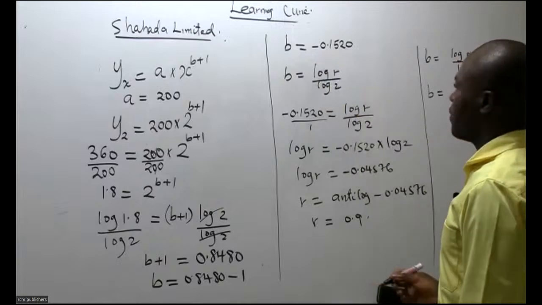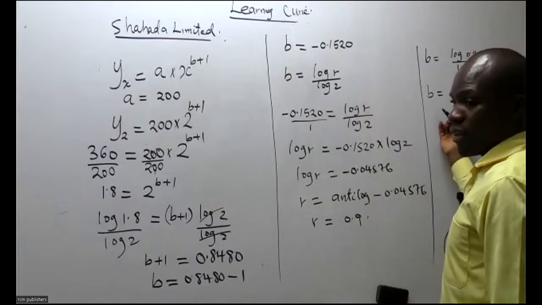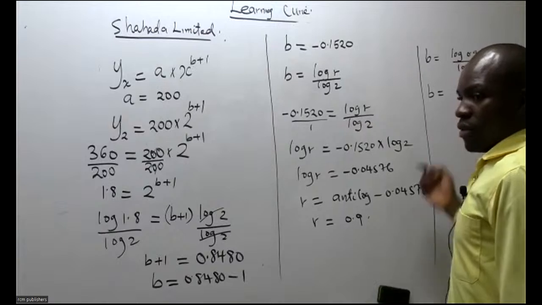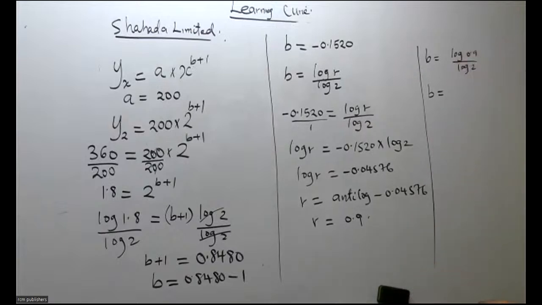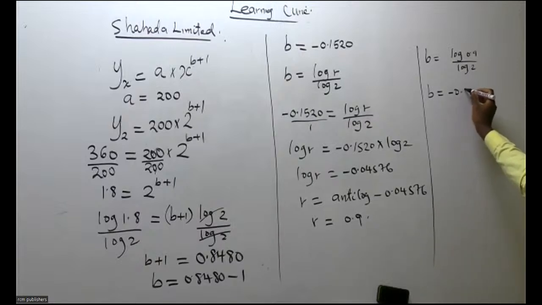Will you have that as the value of B? Is it giving you something close to that?